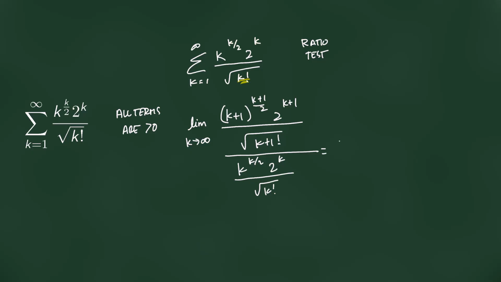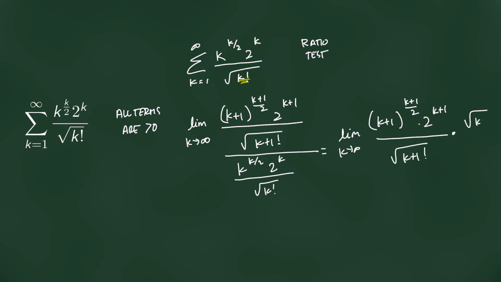Multiplying by the reciprocal then, we have (k plus 1) to the (k plus 1) over 2 times 2 to the k plus 1 over the square root of (k plus 1) factorial times the square root of k factorial over k to the k over 2 times 2 to the k.